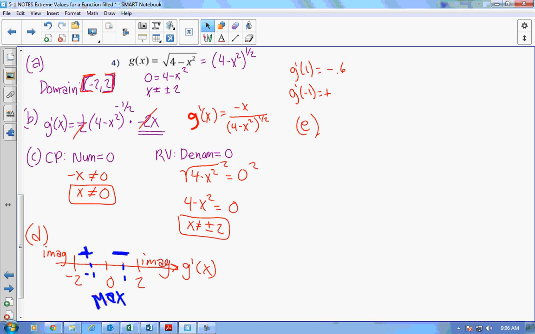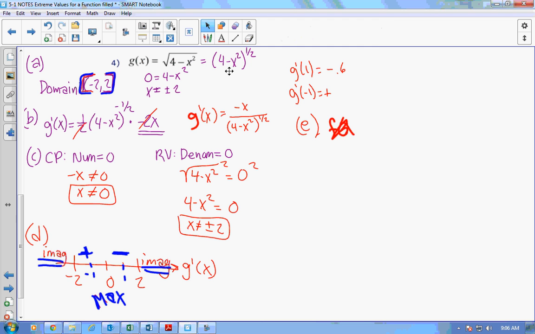Okay, so at negative 2 and positive 2, we plug those in and we got errors, right? Right here, because we have imaginaries on those sides. Okay, so what would you say the 0 is? Let's say it's an absolute. So g of x, not g prime, regular g.